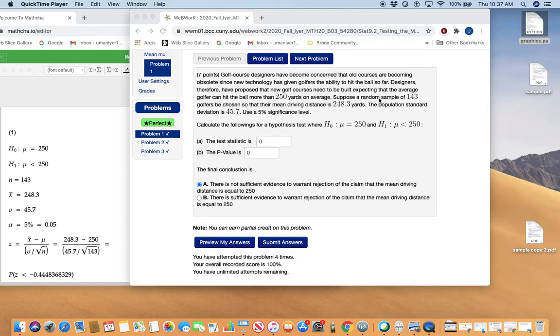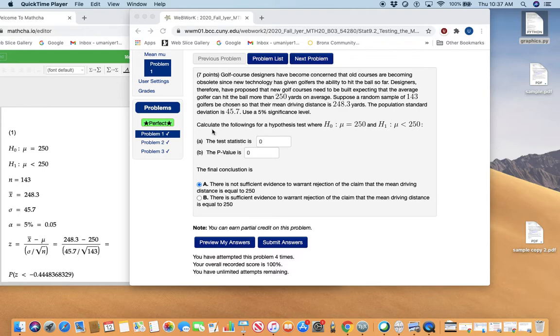Now, suppose a random sample of 143 golfers is chosen so that their mean driving distance is 248.3 yards. So that's less than 250. The population standard deviation is 45.7.